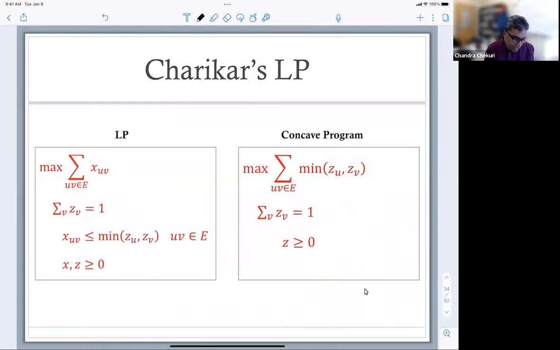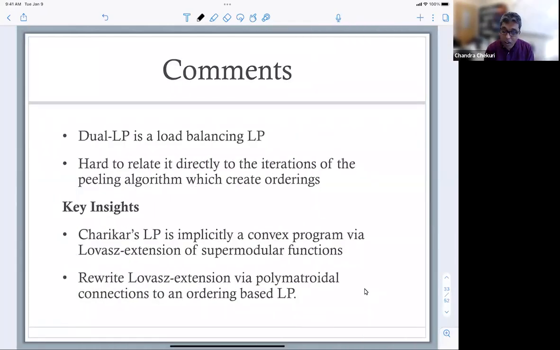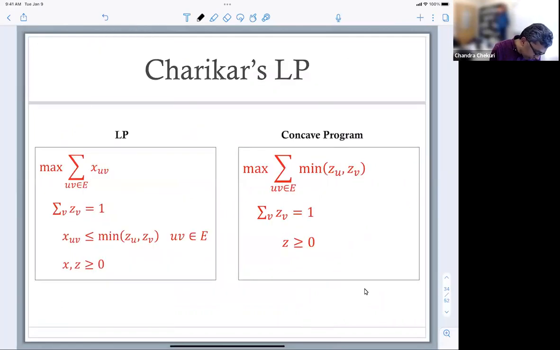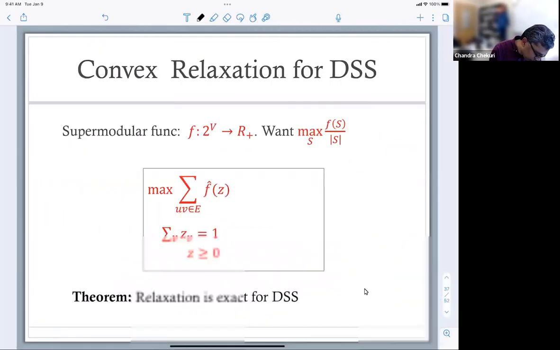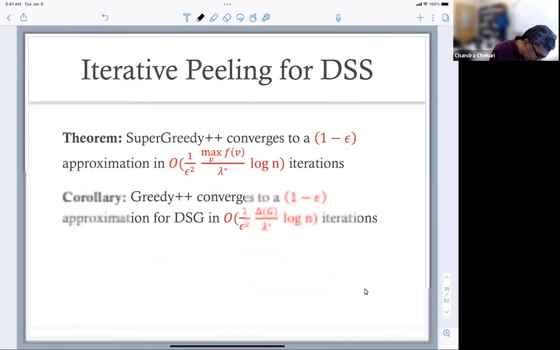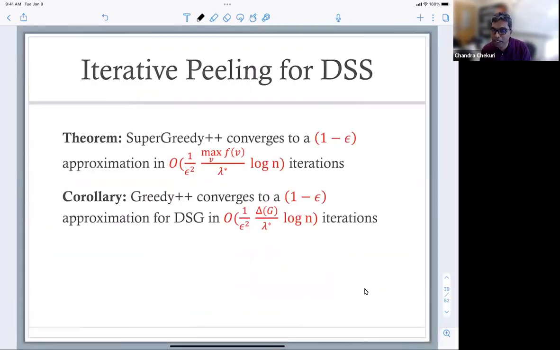So we proved that this converges, right? But not in the strong form they said. Let me state the theorem, and I'll come back to how we proved it. We proved that it will converge to a 1 minus epsilon approximation, not in 1 over epsilon square iterations as they claim, but in a slightly weaker bound, which is slightly or much worse, depending on how you see it.